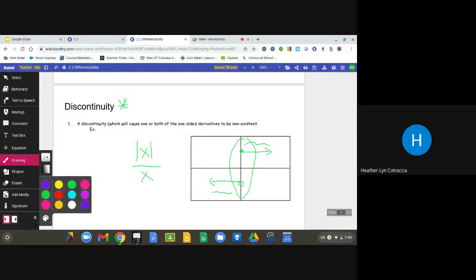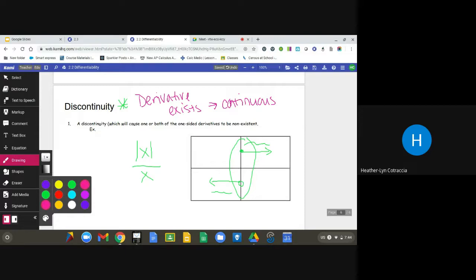So if they ever tell you that the derivative exists, then you know that the function is continuous. Okay, so if they tell you that the derivative exists, then you can assume continuity. It does not work in the opposite direction.